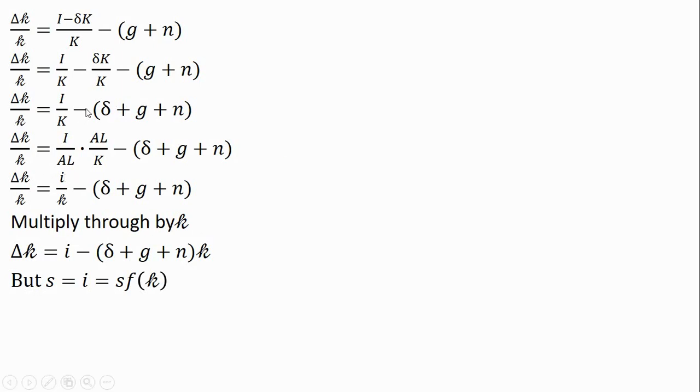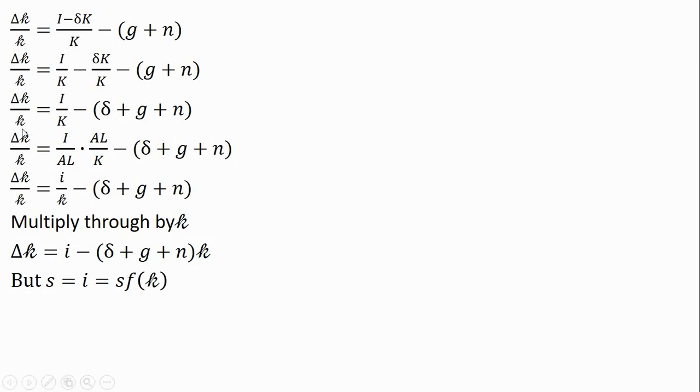Now, after doing that, you may wonder what is our next step. Our next step, as I told you in my previous tutorial, is that if we get a given variable, multiply it and divide it by the same variable, you get the same thing.